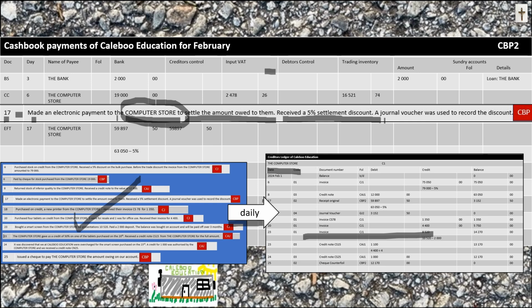So if we went through this account, we would go to the 17th and we would see what amount is owed, and that says 63,050.